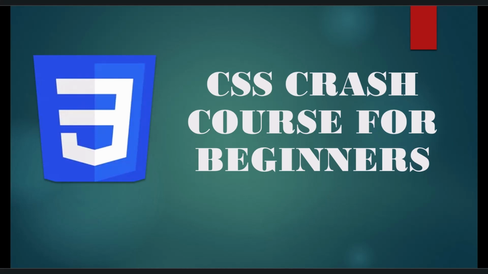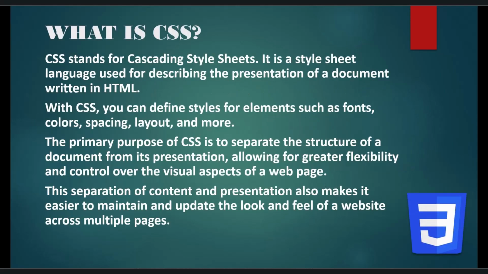With that said, let's dive in. What is CSS? CSS stands for Cascading Style Sheets. It is a style sheet language used for describing the presentation of a document written in HTML. With CSS, you can define styles for elements such as fonts, colors, spacing, layout, and many more.